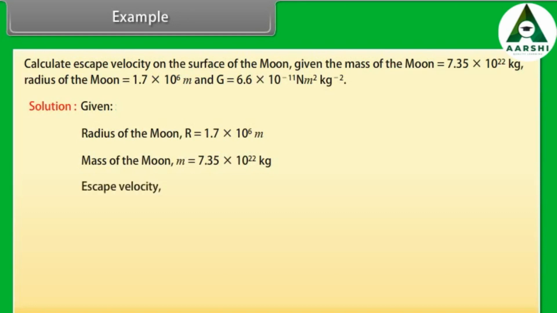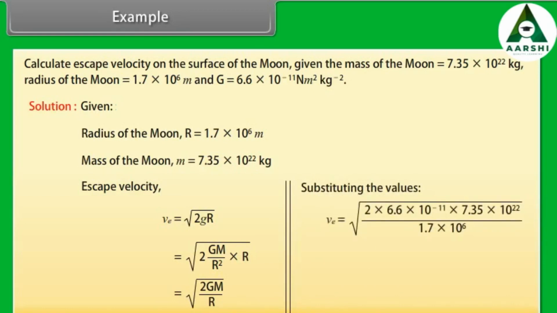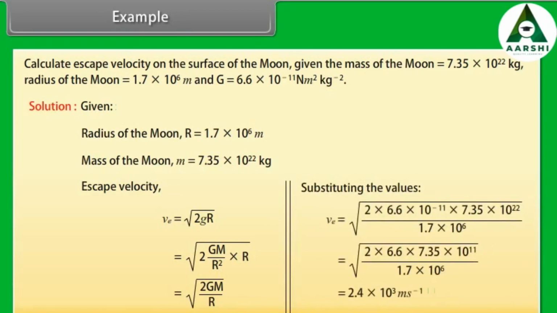Escape velocity is equal to the square root of 2gR. By putting the value of g, we get escape velocity = square root of 2GM/R. By substituting the values, we get escape velocity = 2.4 × 10^3 meter per second.